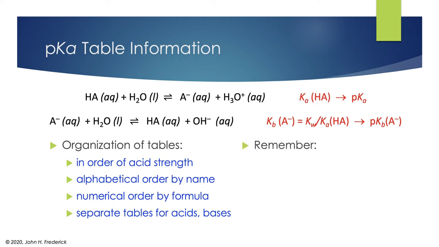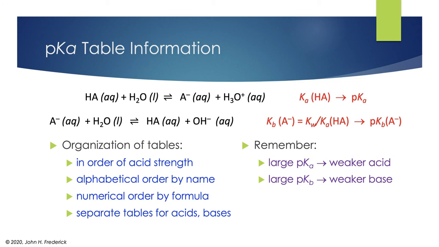Now, I want you to remember as you go through this that if an entry has a large pKa, that means it is a weaker acid. A small pKa corresponds to a stronger acid. The same is true in the case of bases. You won't find pKb's listed too often, but if you do, a larger pKb means a weaker base.